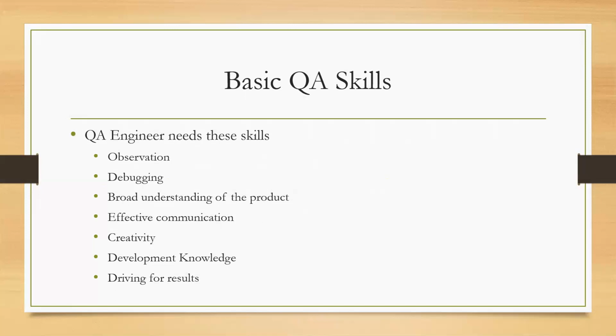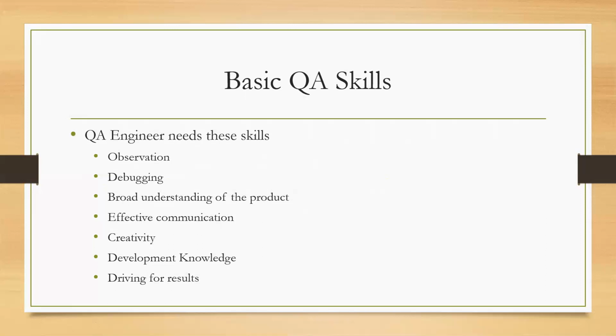And you have to maintain a broad understanding of the product. Unless you have a broad understanding of the product, you won't be able to validate your component completely. You need to know how your component will work with other components in the product scope.